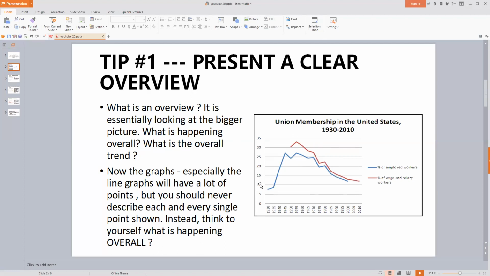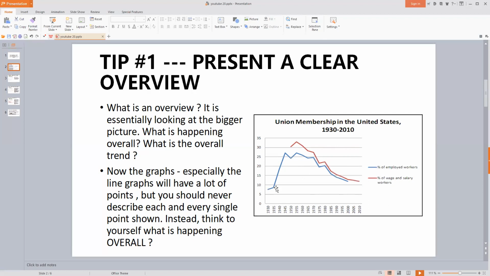Okay, so on the screen you can see that there is a graph given, and according to the title, it is union membership in the United States over the period of 1930 till 2010. And there are 2 lines given. One is a blue line, which shows the percentage of the employed workers, and the red line shows the percentage of wage and salary workers.